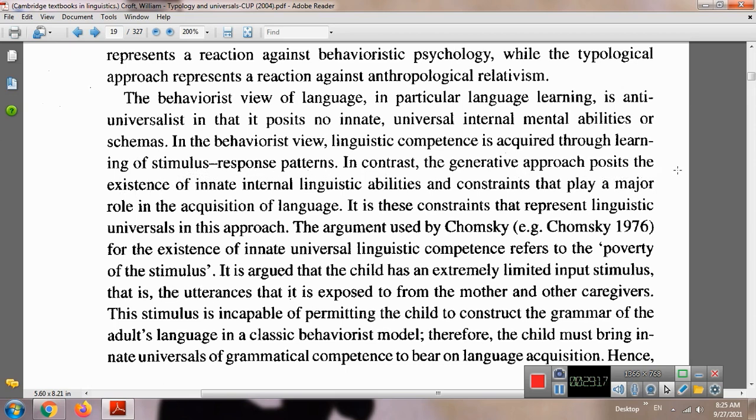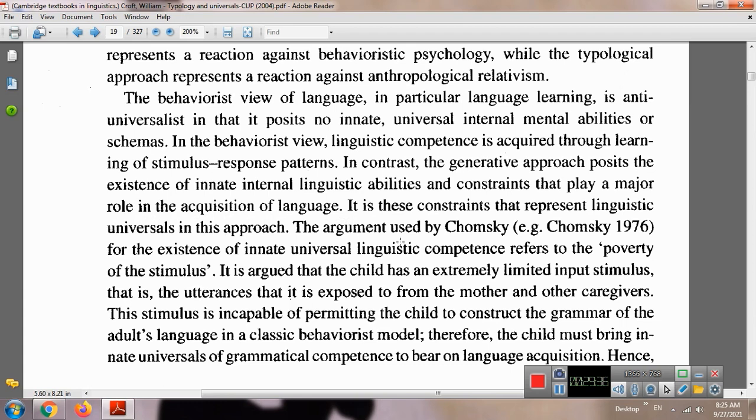In contrast, the generative approach posits the existence of innate internal linguistic abilities and constraints that play a major role in the acquisition of language. It is these constraints that represent linguistic universals in this approach.